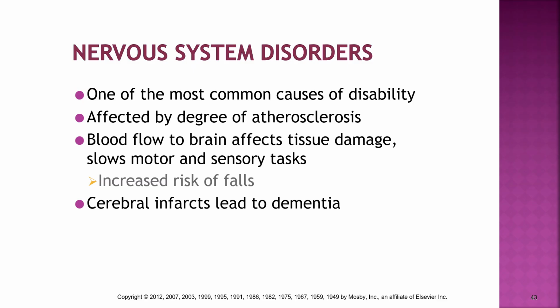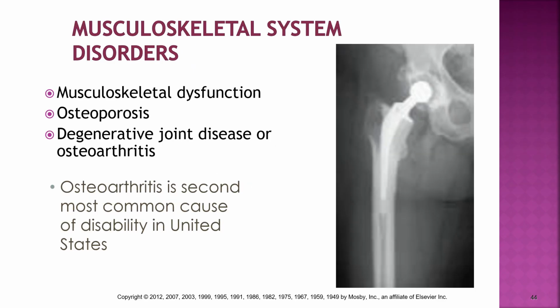Okay, and so you're slowing reaction time, you're slowing cognitive processing time, and then eventually you get to infarctions, which are pockets of transient ischemia, or there's even minor pockets of total ischemia, and you start to lose brain cells. Okay. And that's what eventually leads to dementia. Okay.